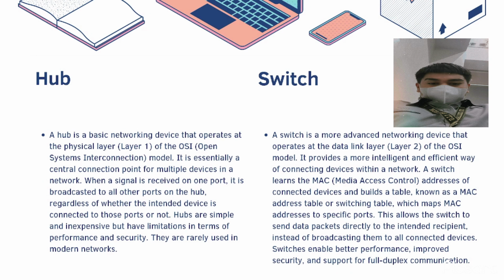A switch learns the MAC, media access control, addresses of connected devices and builds a table, known as the MAC address table or switching table, which maps MAC addresses to specific ports. This allows the switch to send data packets directly to the intended recipient instead of broadcasting them to all connected devices. Switches enable better performance, improved security, and support for full duplex communication.